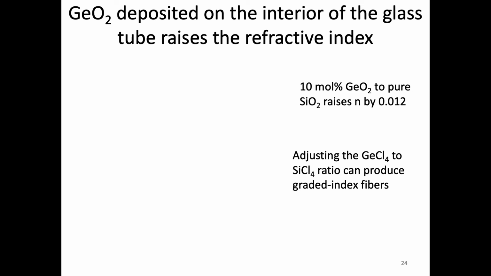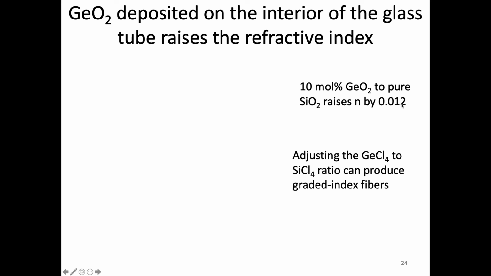And from the preform, we heat up the leading edge of this rod, and that shrinks it down into the fiber of the specific diameter that we need through the CVD process. All right, so let's look at the role that the germanium oxide plays. So it's deposited on the interior of the glass, and that germanium oxide is what's responsible for raising the refractive index. So for every 10 molar percent that we add to pure SiO2, we raise the refractive index n by 0.012.